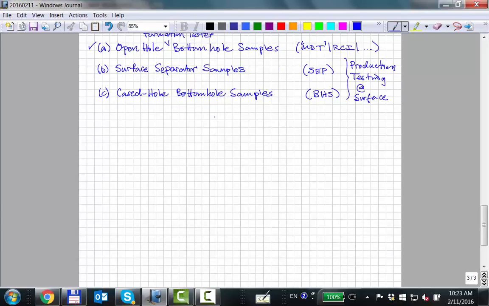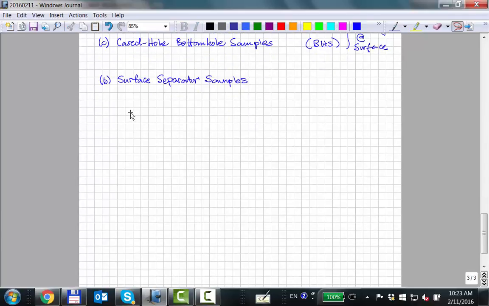So let's just bring this down here. Okay. So we've got the reservoir. We're flowing through the production tubing, which I'm going to make as a line to the surface.